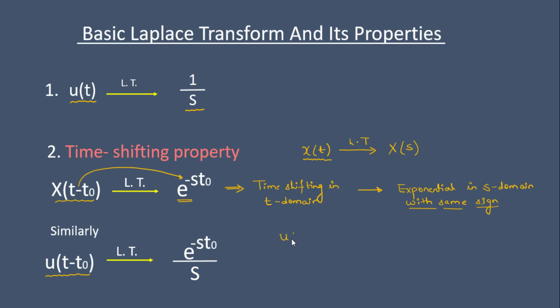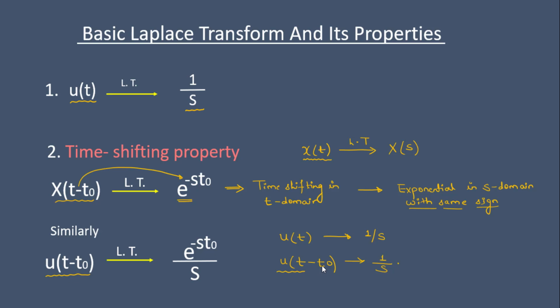We know the Laplace transform of the step signal u of t is 1 by s, and you have the shifted version of the step signal, u of t minus t naught. So first you have the Laplace of u of t, which is 1 by s, into the shifted version, the time shifting property.